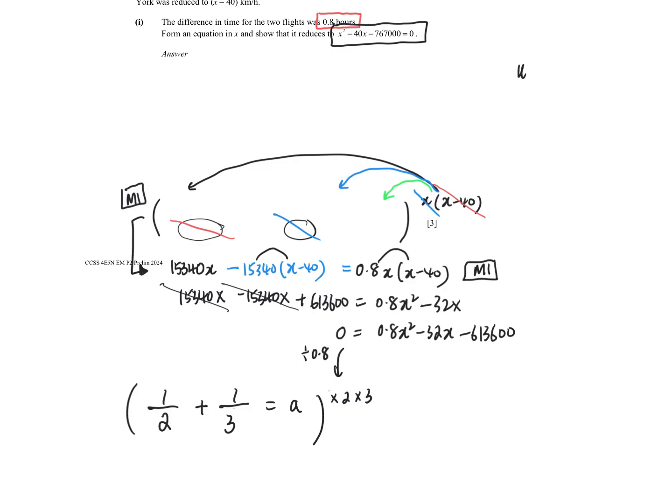So if I multiply this by this, I will end up having 1/3. Next, if I multiply this with the second one, the 3 cancels out, I will end up having, oh sorry, this one is 3. I will end up having 2 here. Then the last one, I multiply this in, I get 6a. So what I'm saying is why I multiply the denominator to all of them.